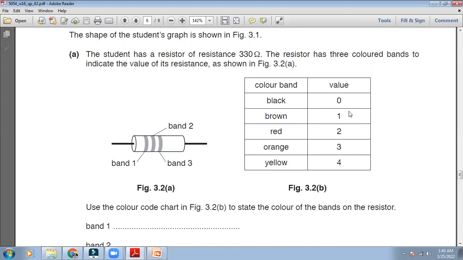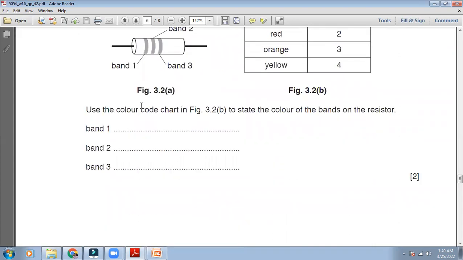So black means 0, brown means 1, red means 2, orange means 3, yellow means 4. So the resistance is how much? 330. So it means 33 multiplied by 10 raised to power 1. So the first color represents the digit, the second color also represents the digit, and the third color represents the multiplier.